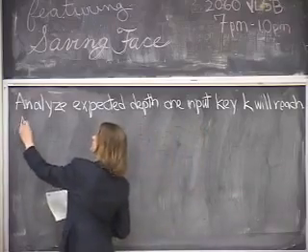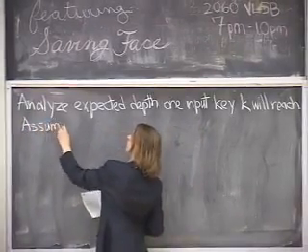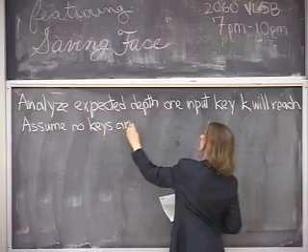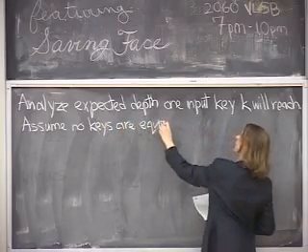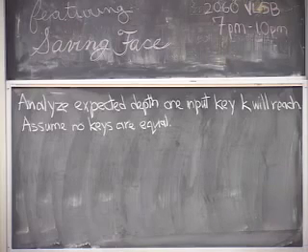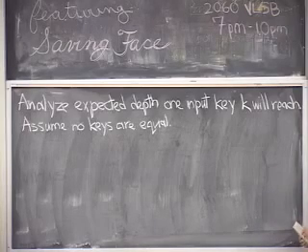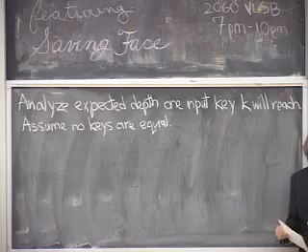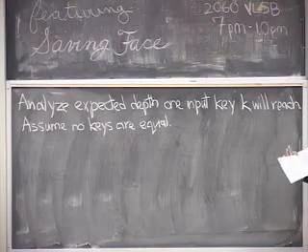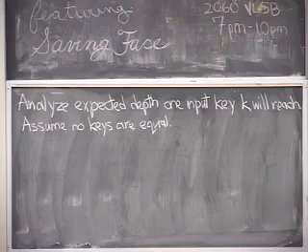And to make it simple, let's assume no keys are equal. And the reason for that is that that's the hardest case. If we have equal keys, then it's more likely to give us a balanced partition, not less. So unequal keys will give us the most unbalanced partitions.